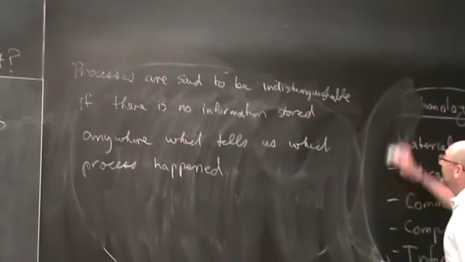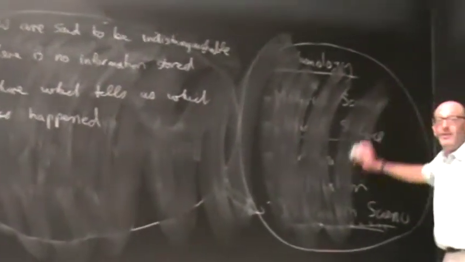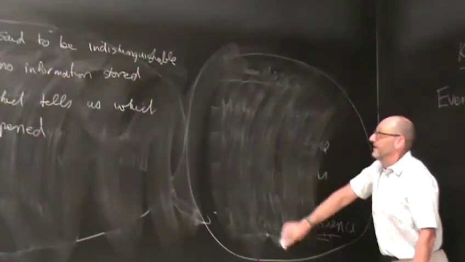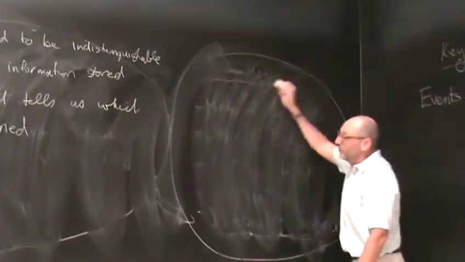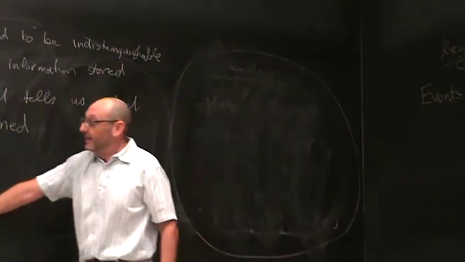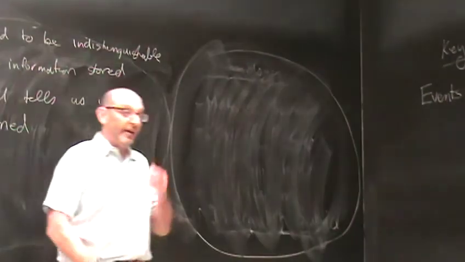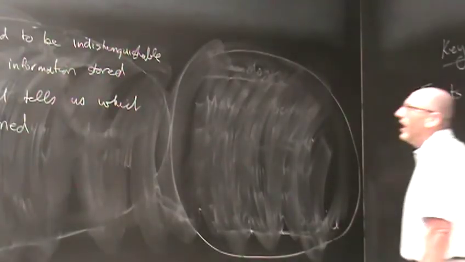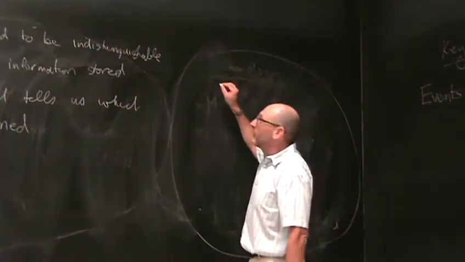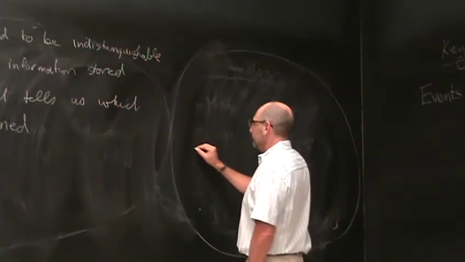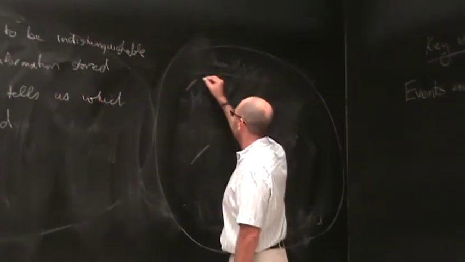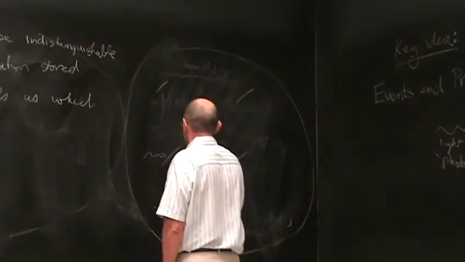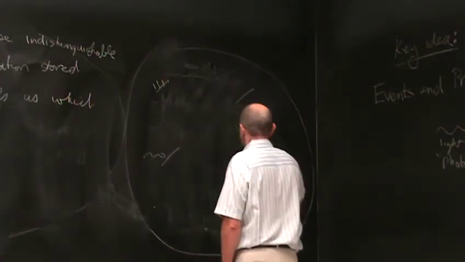So if the processes are distinguishable, as opposed to indistinguishable, well then those two alternatives no longer interfere with one another. So for example, let's draw our Mach-Zehnder interferometer again. So here it is, the mirror.